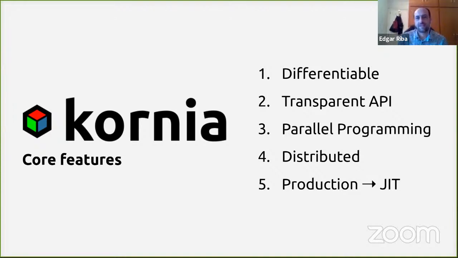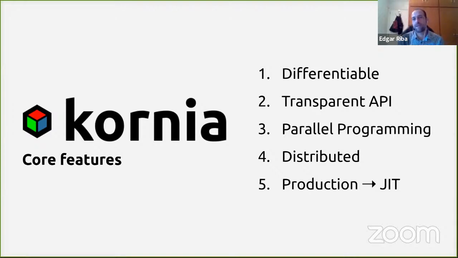At the same time, it inherits different properties from PyTorch, like differentiability. We have a transparent API, meaning that we can run the different operators on different devices like CPUs and GPUs. Right now, we are also starting to try XLA devices.